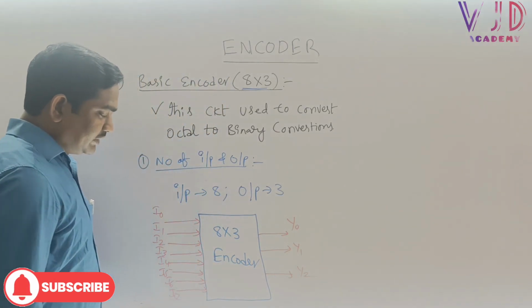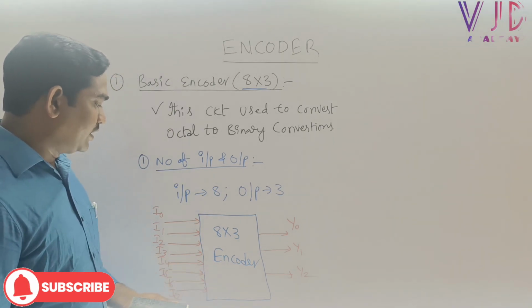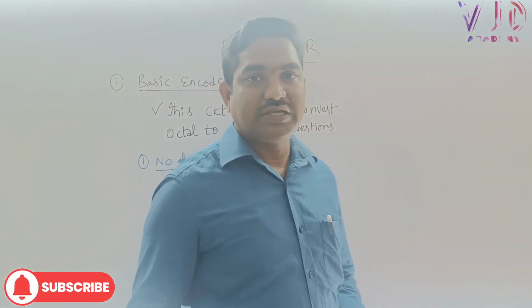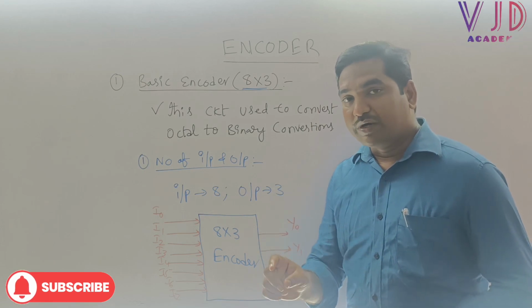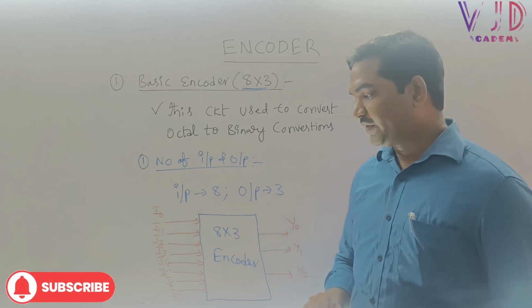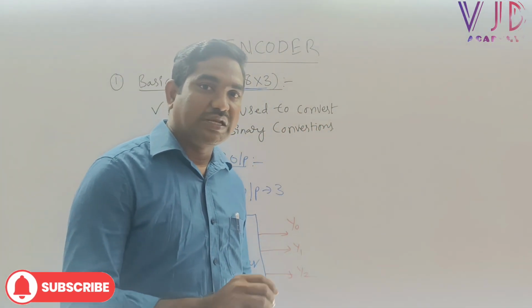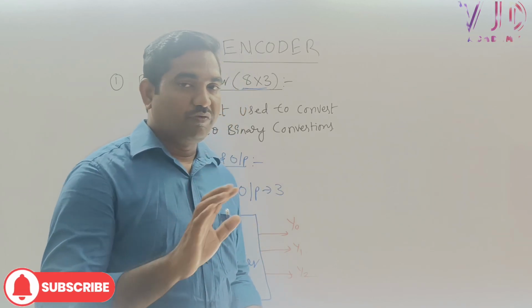And finally, sir, we have one more point left over for this particular block diagram. When we learn multiplexer demultiplexer concept, we have seen the one more important point is a select line or control line. So based upon the select line or control line, even multiplexer inputs are transforming the data from input to output we have seen.